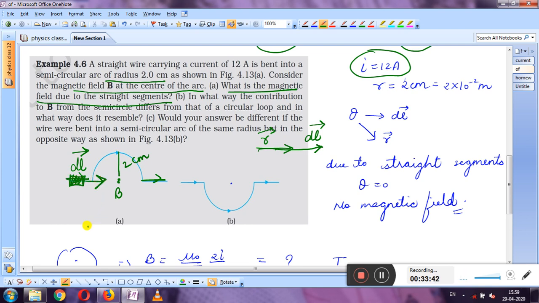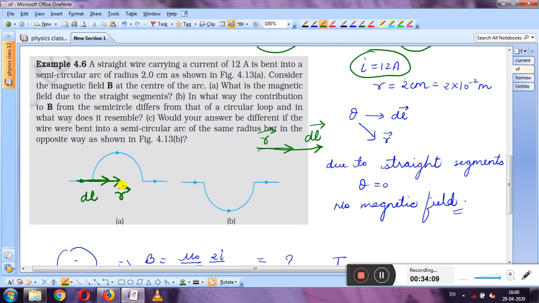Now if the direction of dl is like this, then where will be the direction of B? I am drawing again. This will be the direction of dl vector. This was the point where we have to find the magnetic field. Now from this current element towards the point, we will have the R vector.